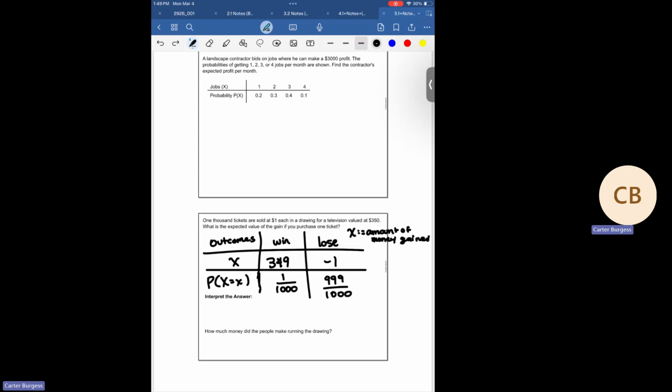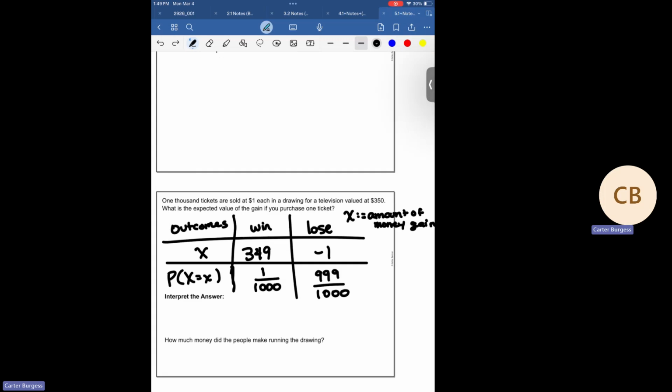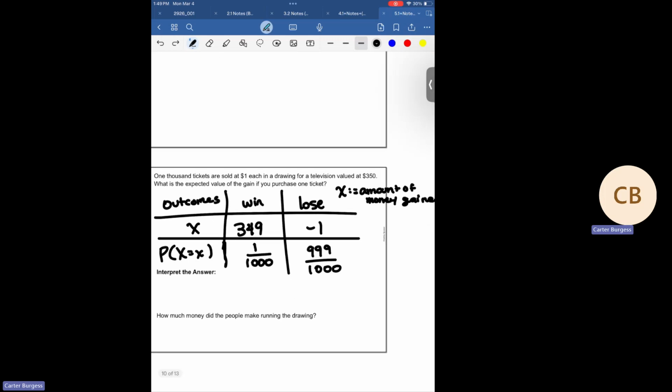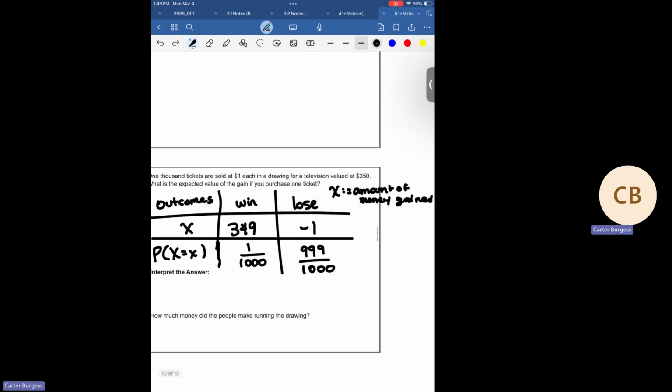So let's take a look at what the expected value would be. What is the expected value for each individual ticket?